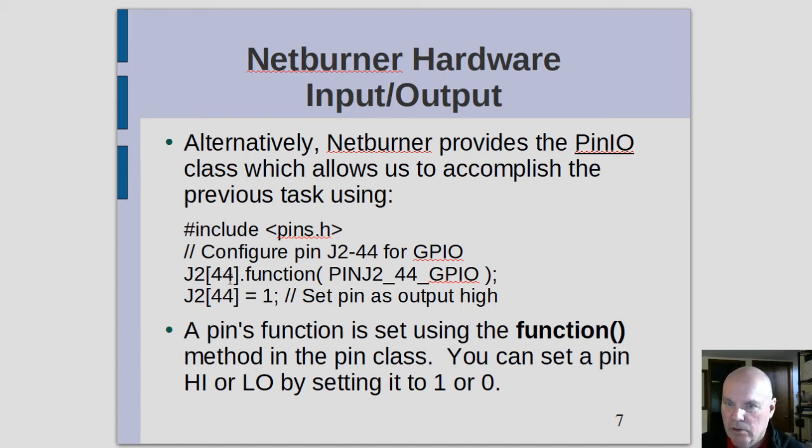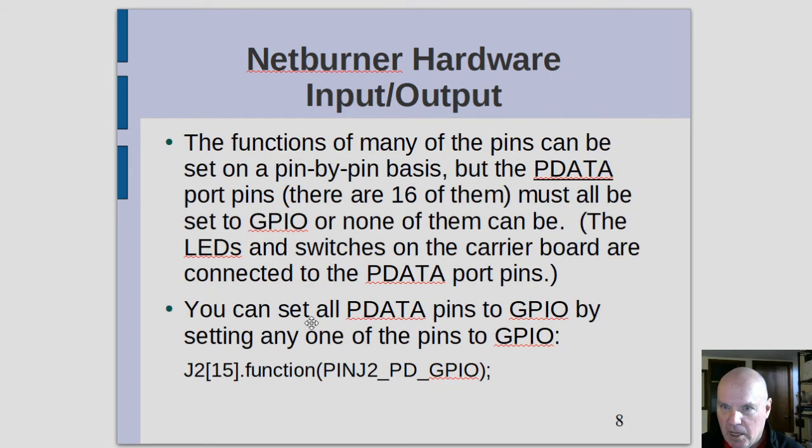So it's J2, the 44th element of the array. We have to set the function first to general purpose I/O. So this sets the function, and then you set that equal to 1 to drive it high. And so it's really easy then to set these pins high or low for when they're in the output state.